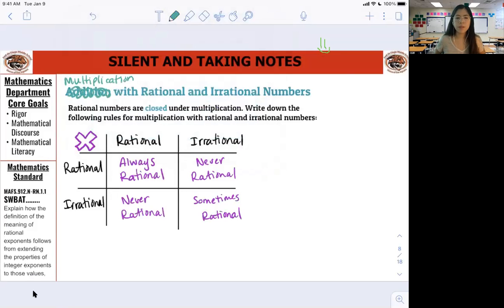Okay, so take another 30 seconds to finish writing these, and then we'll do one little practice problem, and then that'll basically be it for today.